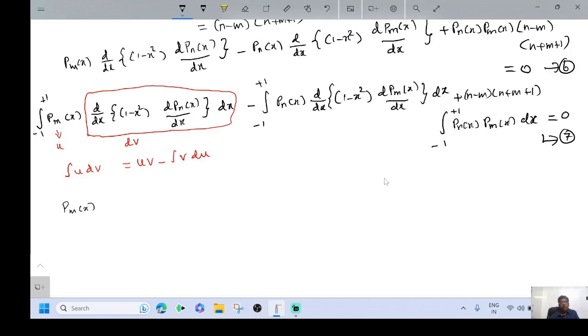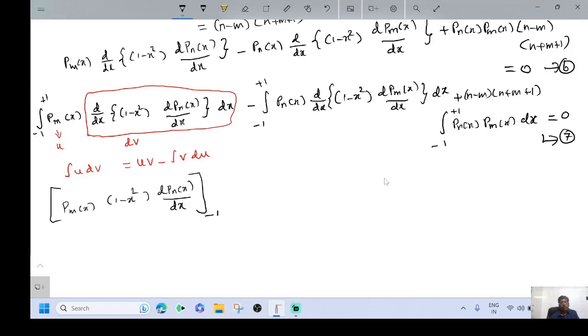This is dv. V is, dx cancels. If you integrate, d is also removed. So the terms present inside the bracket is v: (1 minus x square) dPn of x divided by dx. Now apply the limit.